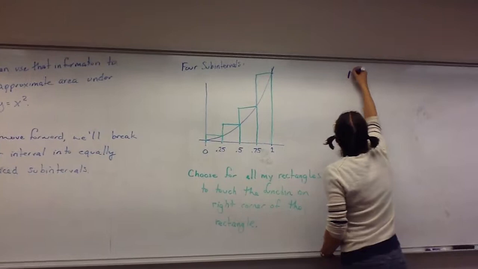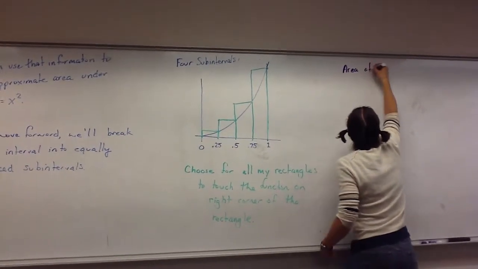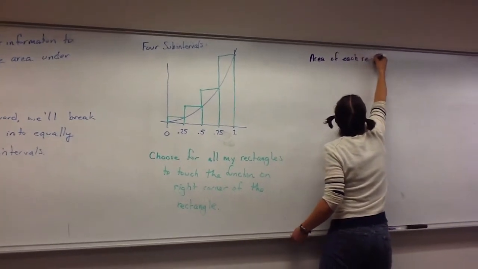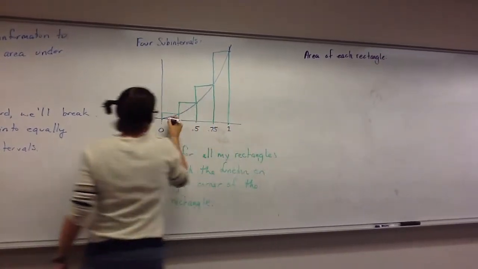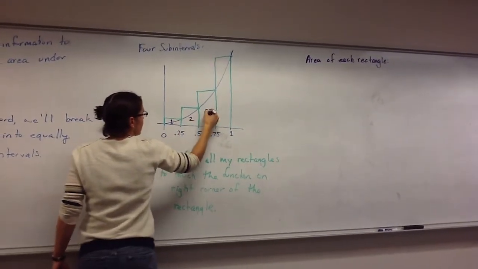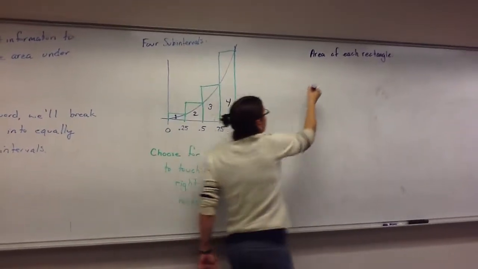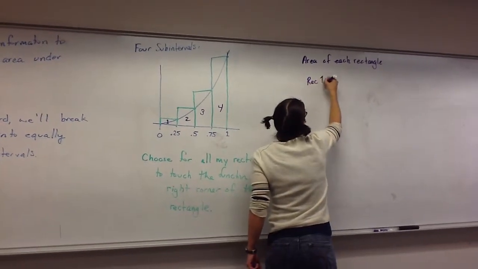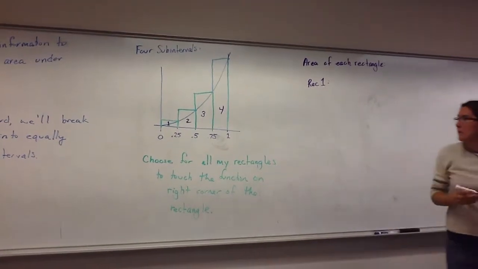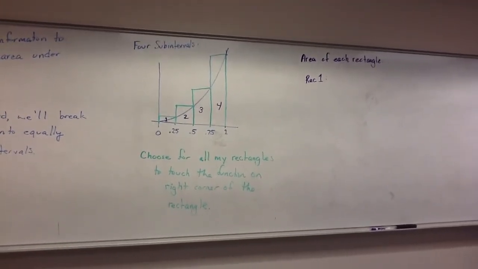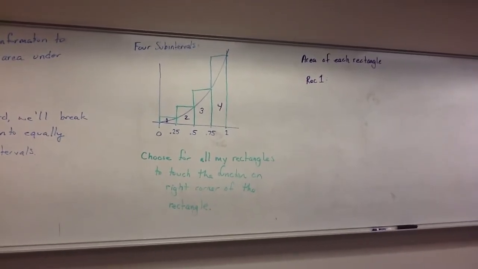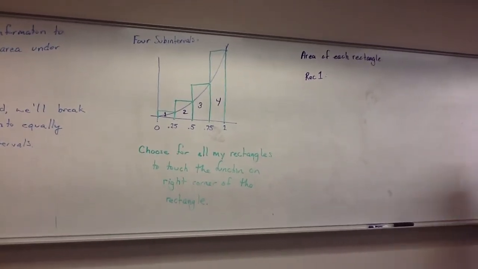So the area of each rectangle, well, I've got 4 rectangles, so I'll call them 1, 2, 3, and 4. So for rectangle 1, I've got area of the base times the height, so length of the base times the height gives me the area of that first rectangle.